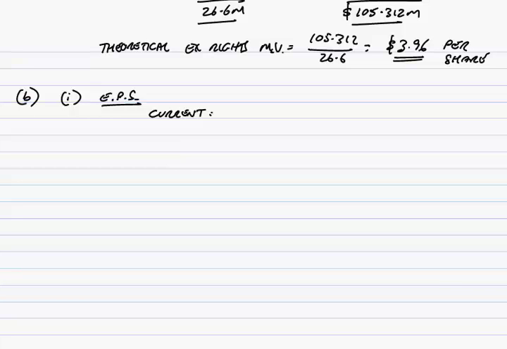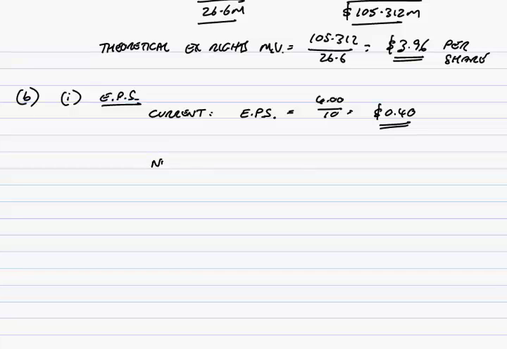We know what the market value is at the moment, it's $4. And so currently, if the market value is $4 and that's 10 times the earnings, the earnings per share must be $4 divided by 10, 40 cents.